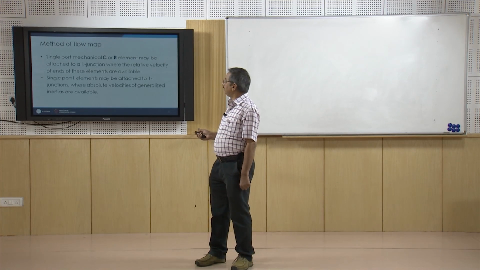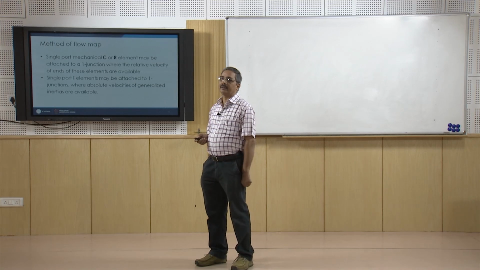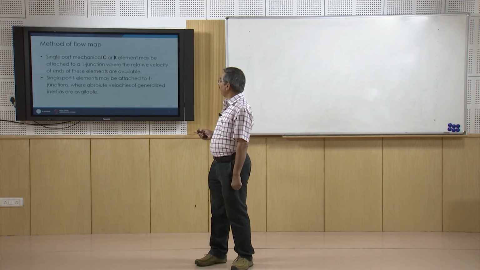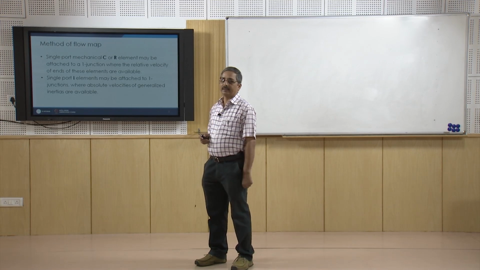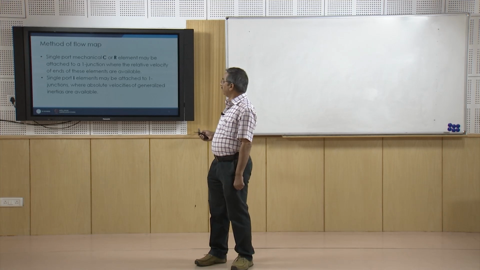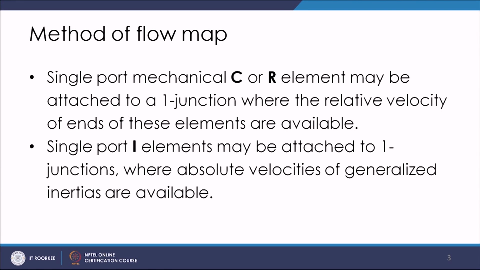Let us have a look at the method of flow map. In this method, the single port mechanical C or R element may be attached to a one junction where the relative velocity of the ends of these elements is available.